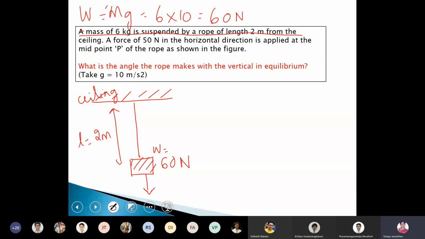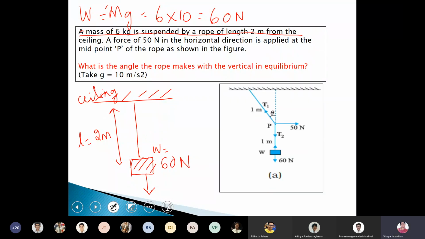Okay. Now look at the second part of the numerical. A force of 50 Newton in the horizontal direction is applied at the midpoint P of the rope. Can you see the diagram? The same diagram.